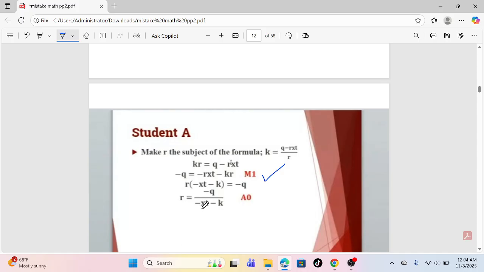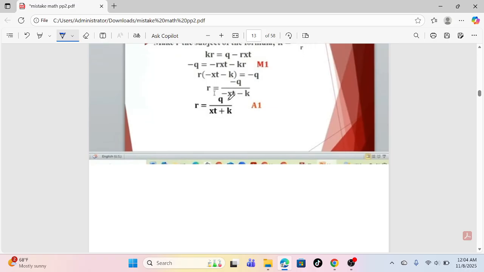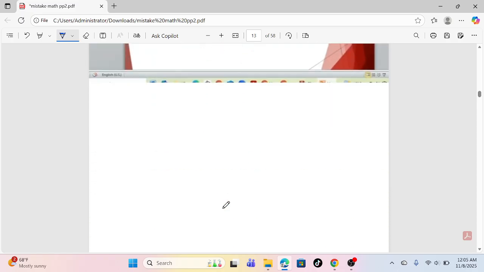The student could multiply both sides by negative and get his answer. So he will get 1 mark, and the second one he will miss. He should have done what student B has done. Look at this student B. He multiplied both sides by negative and got this. So simplify as far as you can.